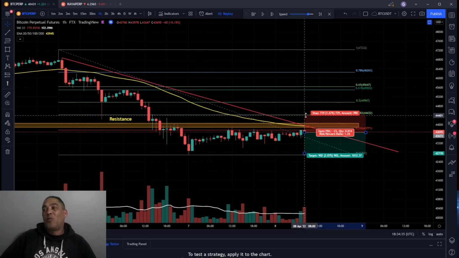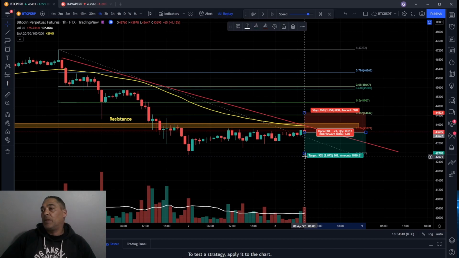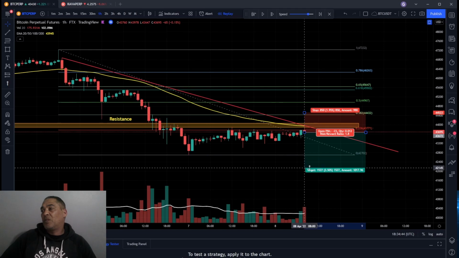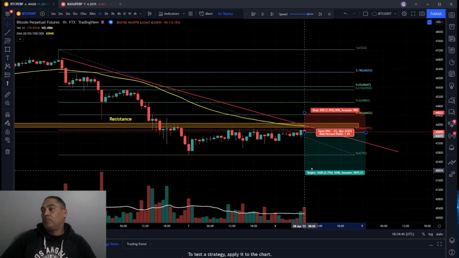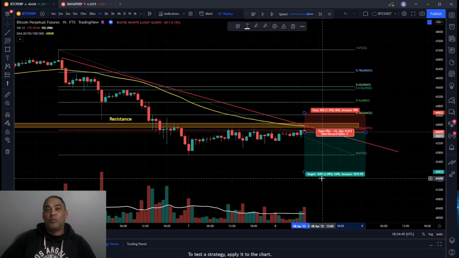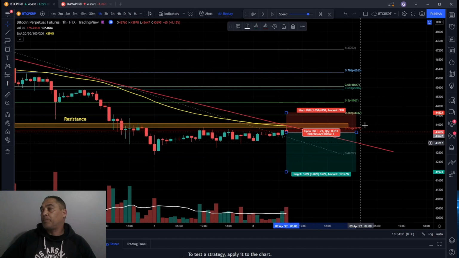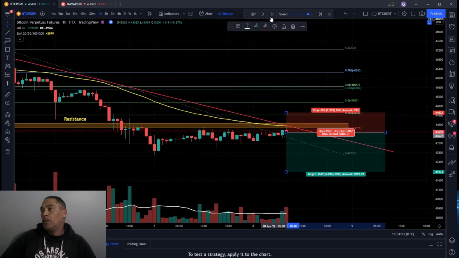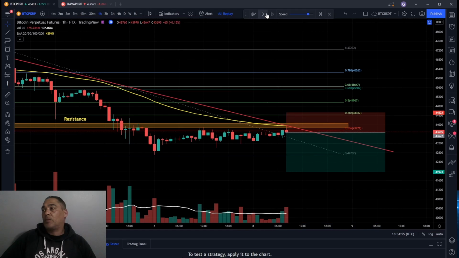My stop I'll normally place above the 0.382 previous resistance based on the fibs level. And for this example, I'll go for a 2-to-1 risk reward ratio. So let's play the chart and see how that plays out.